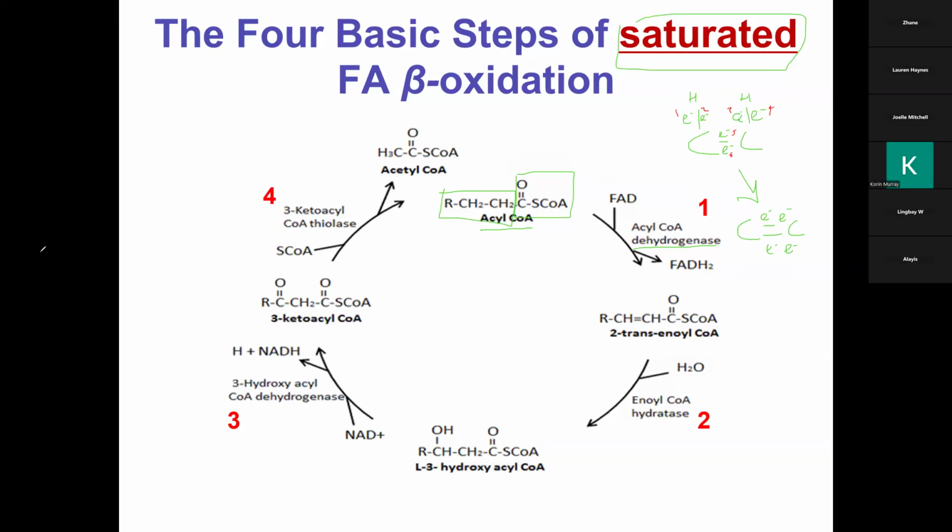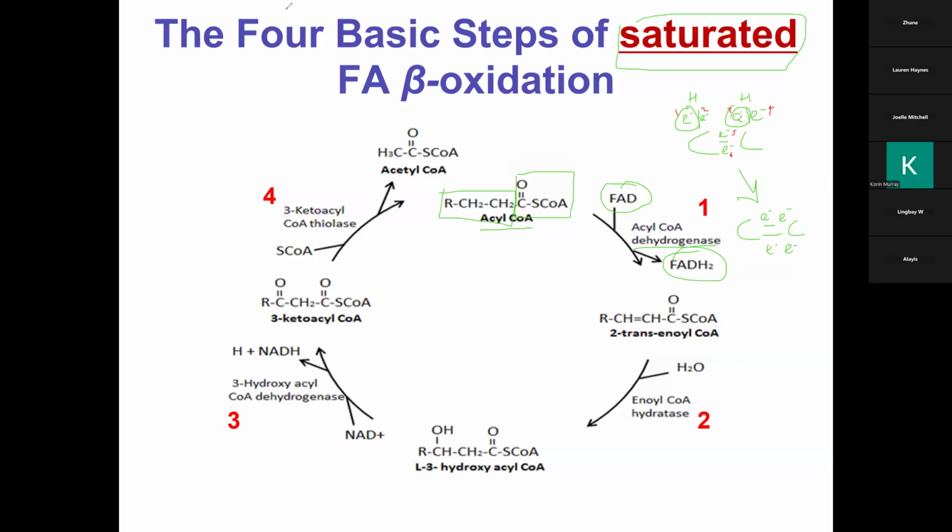Oxidation is coupled to reduction. So in step 1, it's a dehydrogenase, which tells you you go from a carbon-carbon single bond to a carbon-carbon double bond, losing hydrogen, but also losing electrons. That's oxidation, and oxidations are coupled to reductions. So in this case, you actually turn an FAD into an FADH2, which is really nice.